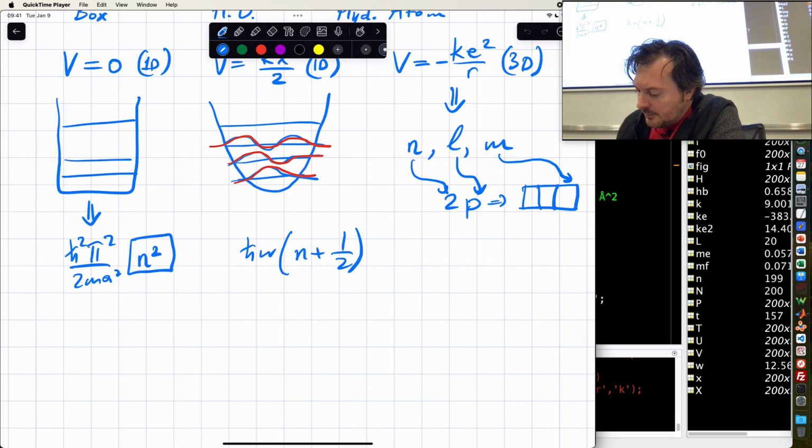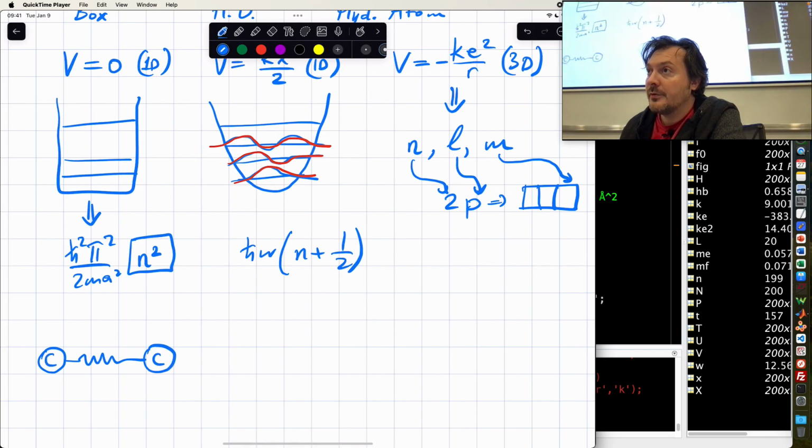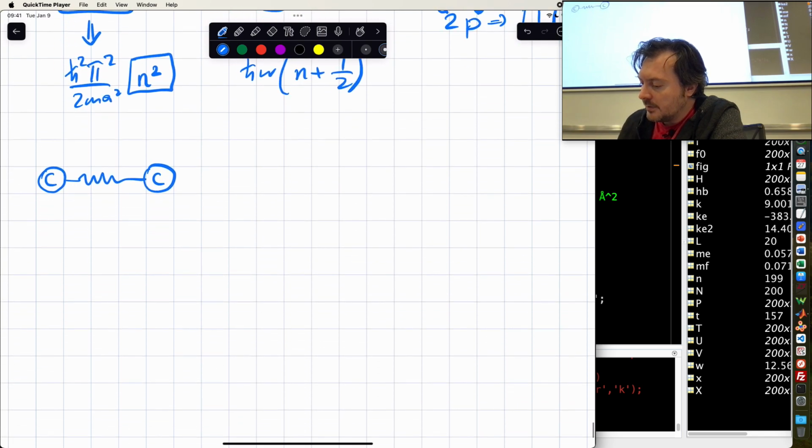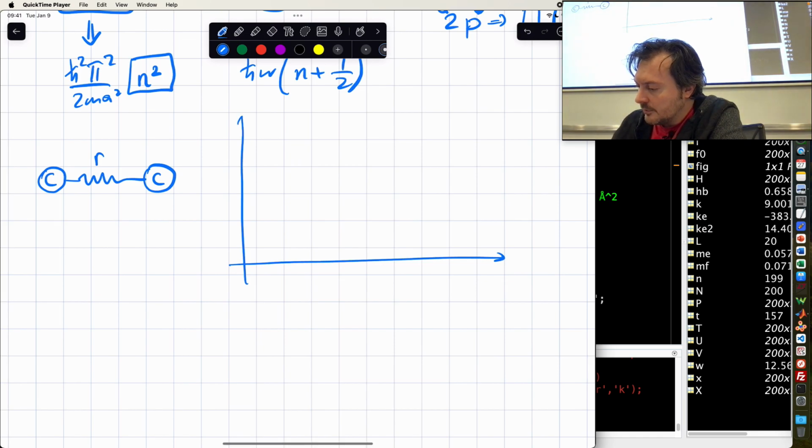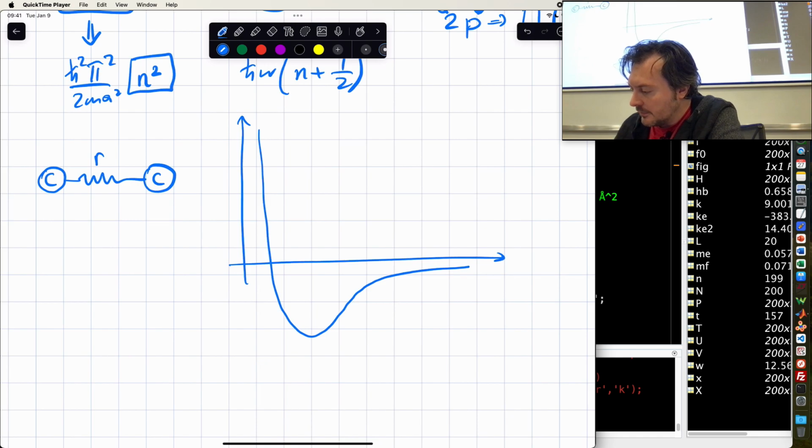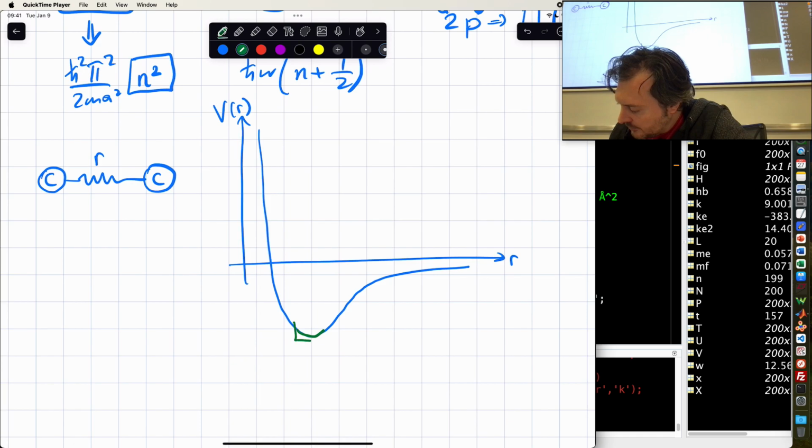So, for example, if I have, let's say, two carbon atoms, right? If I plot, so this is the distance, if I plot the potential, there's a repulsive part and then there's an attractive part of the potential, right? So if we focus on this part only, where the system lives, the system is usually there.